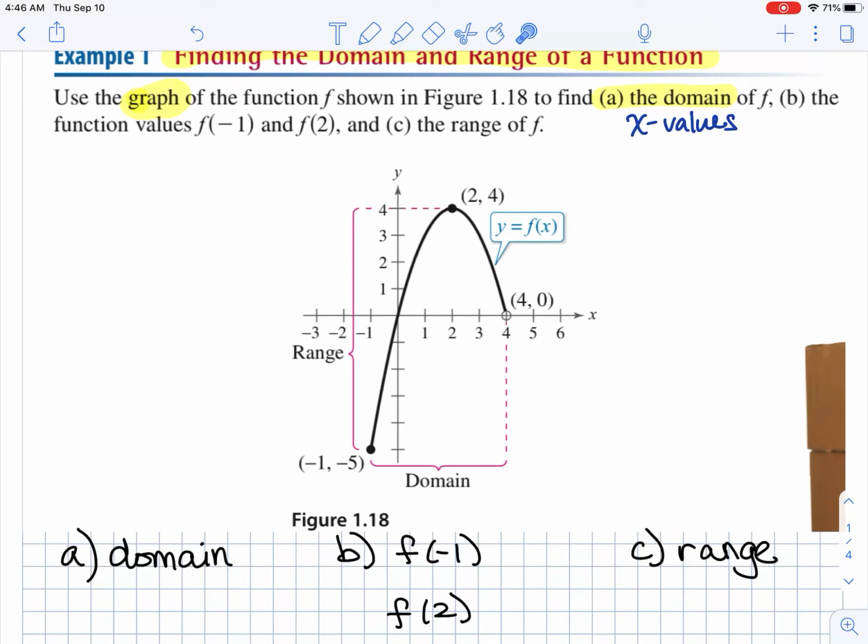But the domain tells us what's going on in the function for those values of x. So we have to look at the function. We see that the function starts here, it goes up and it comes down and it ends here, but keep in mind it does not include that 4.